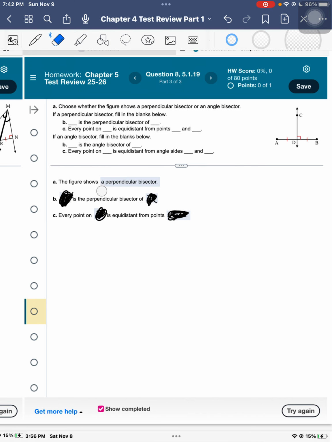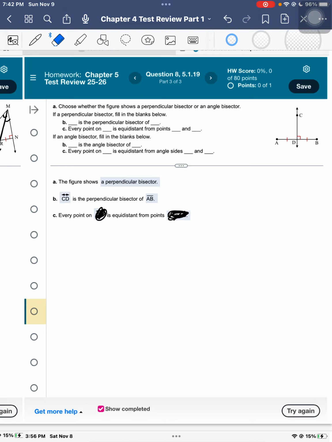Blank is the perpendicular bisector of blank. So what is the thing that is bisecting something? The thing that is bisecting is this line CD. So line CD, notice this is a line, with the two arrows on it, is the perpendicular bisector of segment AB. I meant to say AB.